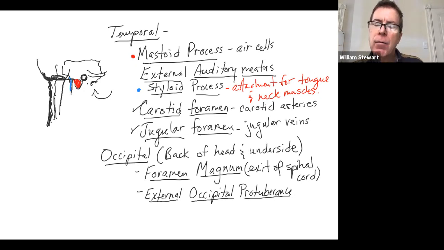All right, now we're almost finished with the cranial bones. There are two left, the sphenoid and the ethmoid. So those are located, you can't see them from the outside of the skull. You can see them just in weird angles. They're more on the interior of the skull.